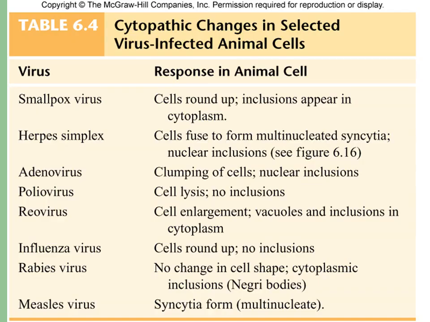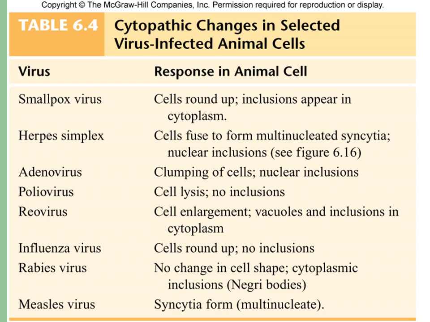So, some of the typical CPE that you might see with various types of viruses. For example, the smallpox virus will cause cells to round up, get round where they're usually more stretched out, and you'll see cytoplasmic inclusions.